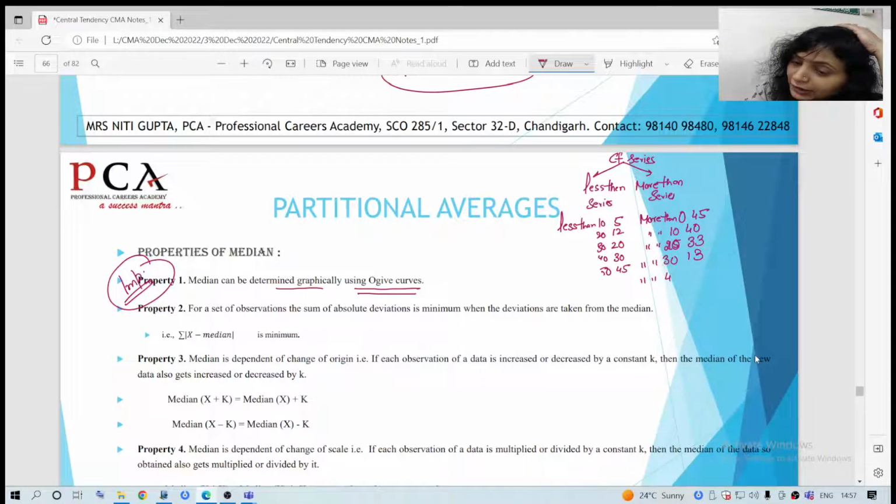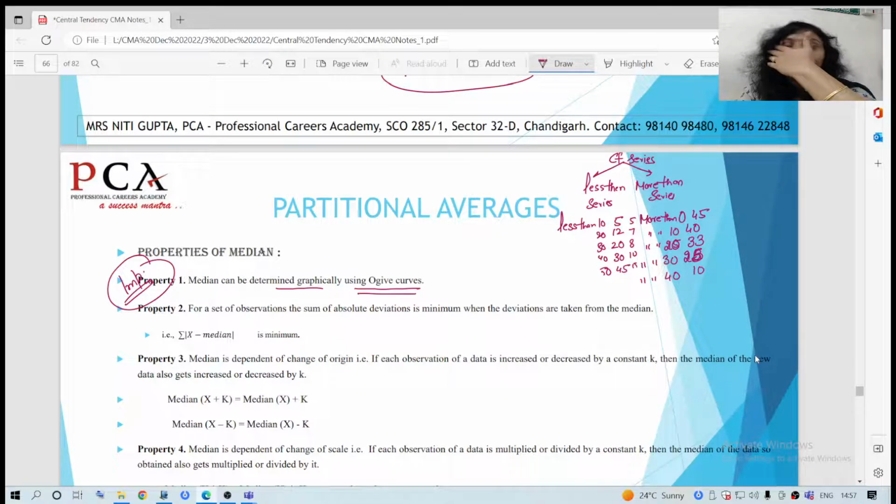The frequencies are 5, 7, 8, 10, 15. So more than 0 is 45, more than 10 is 40 minus 7, 33, 33 minus 8 is 25, 25 minus 15 is 10, more than 40. So this is my less than series and more than series.